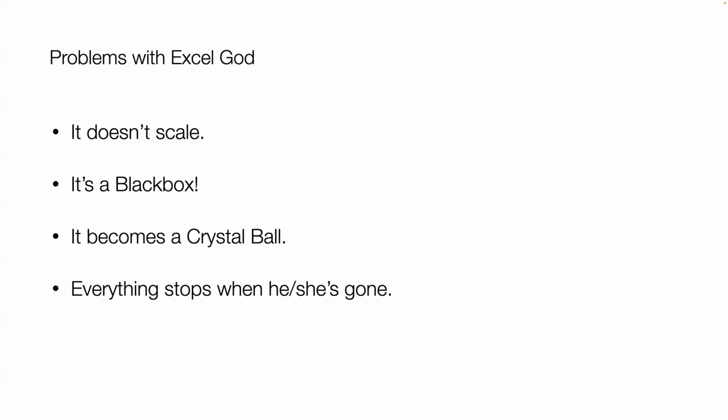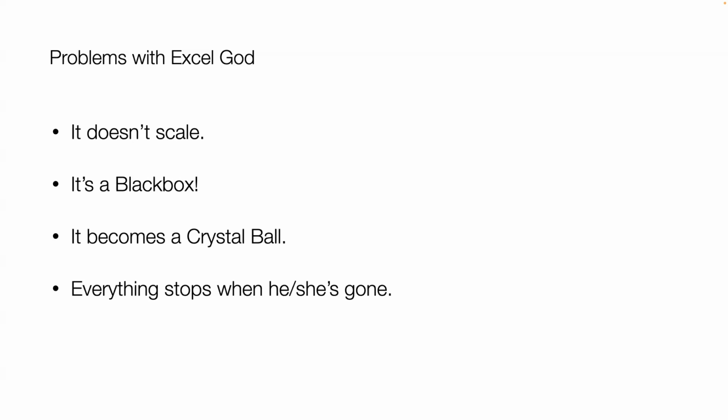We don't even want to know. Sometimes I want to know, but the moment I click some cell, ooh, that's something for some other time, right? So it's a black box, and that means it becomes sort of like a crystal ball. Whatever comes out from that person as a report, you have to believe those numbers. So it's a little tricky situation.